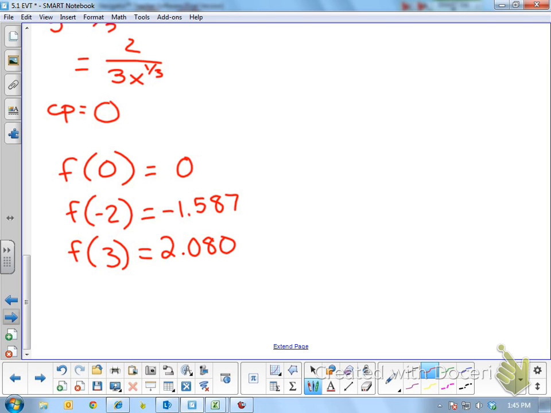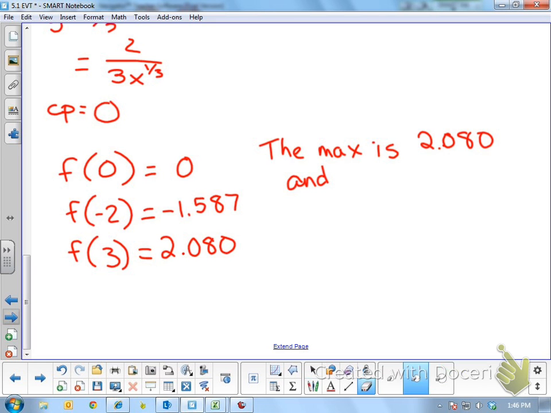2.080. Now I saw a couple people just point at it and say this is the max, this is the min. If it were up to me, I would be cool with that. But on the AP test, if you just did that, they would not accept that. We need to make some sort of statement now. The max is 2.080, and again, sorry, we need to be even more specific.